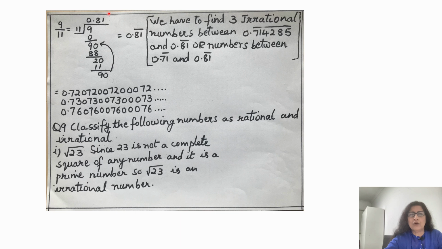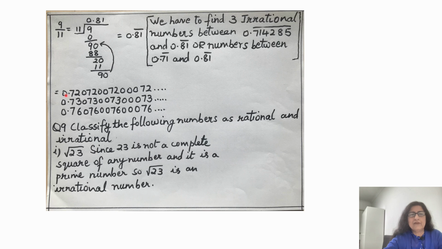So we put a bar on top. We have to find three irrational numbers between 0.714285 with a bar and 0.81 with a bar, or numbers between 0.71 with a bar and 0.81 with a bar. We can write many numbers between these two.